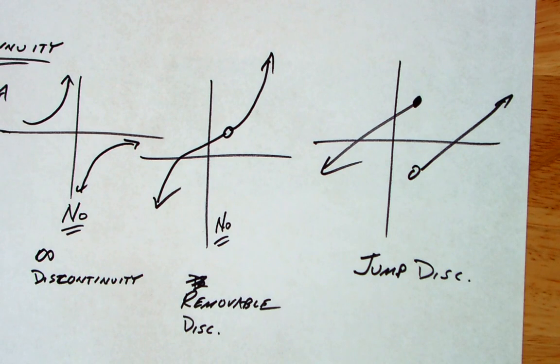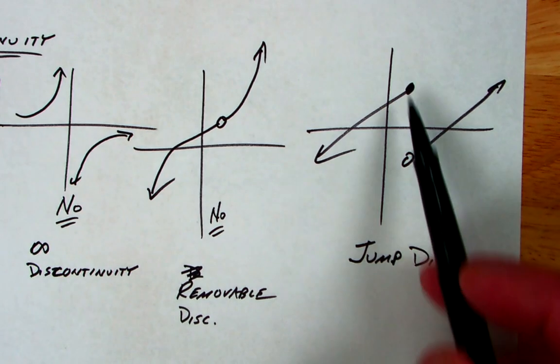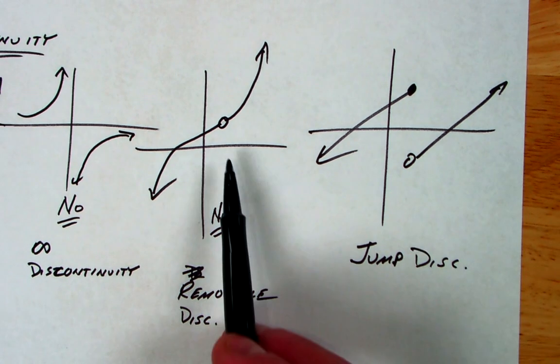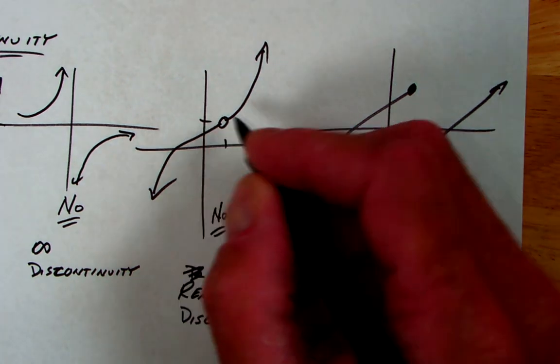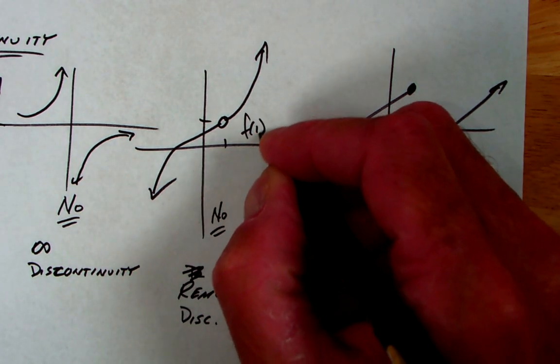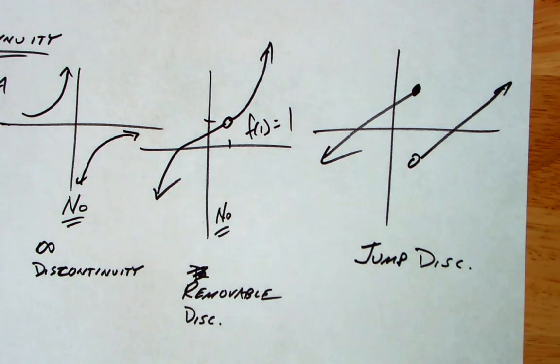I would define the value of that function at that point. I can't change where this goes very easily, but I could just say, you know what? At 1, my result is 1. If I add that definition to my function, that for whatever reason had a hole there, I just removed the discontinuity. Okay? We'll talk about that a little bit later on, but again, we're laying the groundwork for some terminology you'll need later on.